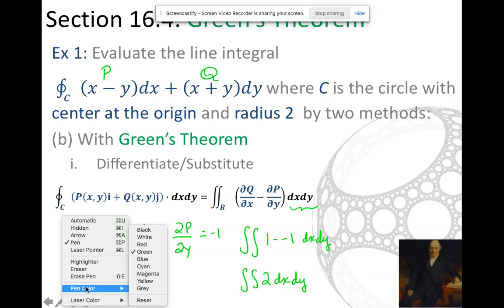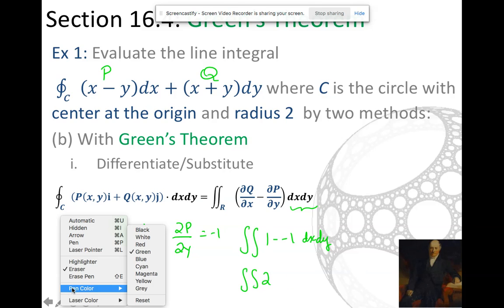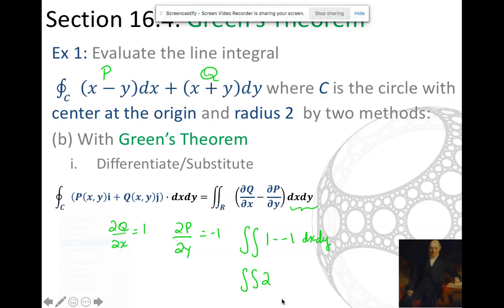I don't actually have to integrate this because what is the area that I'm integrating over? It's a circle.